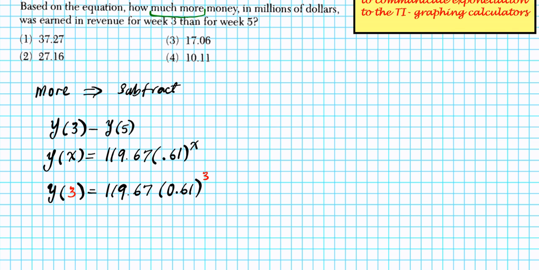We're also going to evaluate y at the second time period, which is 5 weeks. So y of 5 will be computed too: 119.67 times 0.61 raised to the 5th power. Let's calculate what these two are, and then find the difference, and then we'll see how much more we have in week 3 compared to week number 5.